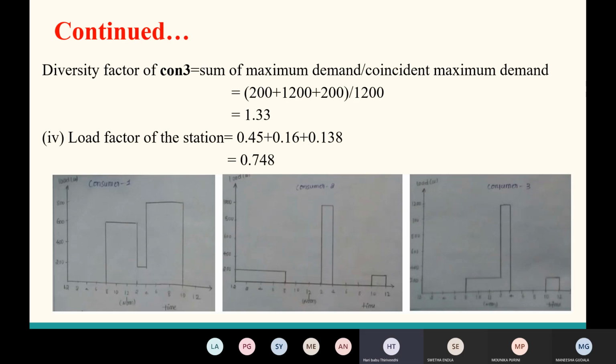Similarly, diversity factor of consumer 3: sum of individual loads of consumer 3 divided by maximum demand of consumer 3. So 200 plus 1200 plus 200 divided by 1200, that is 1.33.